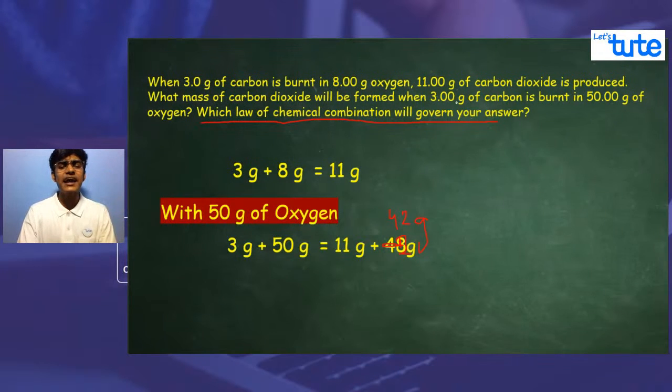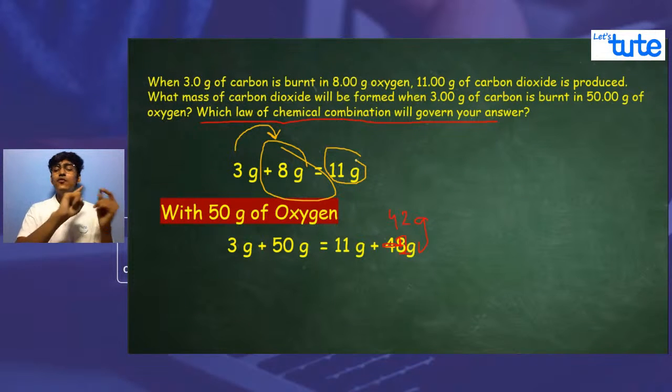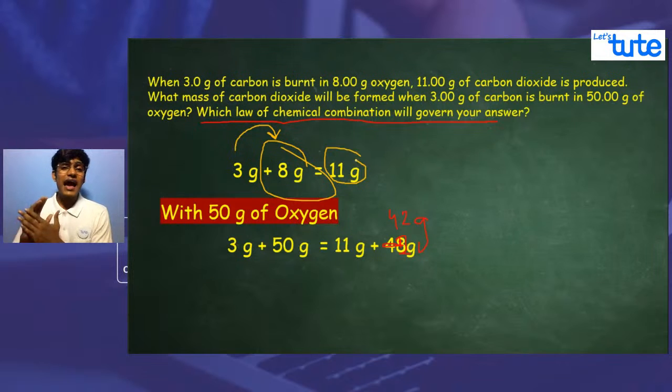It will only react with 8 grams of oxygen. So carbon will react only with 8 grams of oxygen to form 11 grams of carbon dioxide. It won't react with any more oxygen. The remaining 42 grams of oxygen are left over.